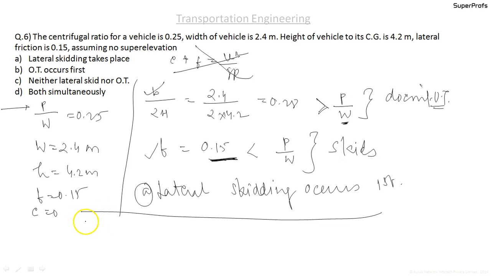The numerical problems are mainly of two types. The first type is based on overturning and skidding, where they will ask whether the vehicle skids or overturns. And the second type is on design super elevation. So there are only two types of numerical problems, and please prepare well.